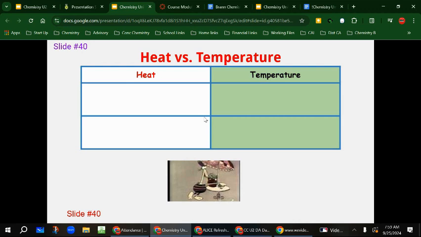There is a difference between heat and temperature. There's a very distinct difference between them. Now, before I ask you the difference, I've got a math question for you, ladies and gentlemen. What is the difference between the sum and the average of numbers?